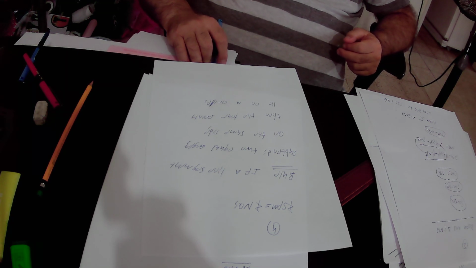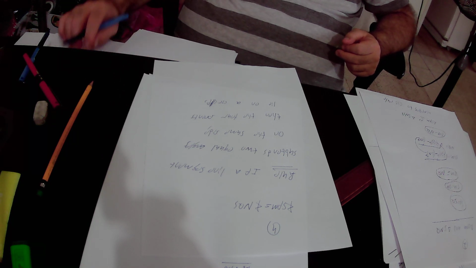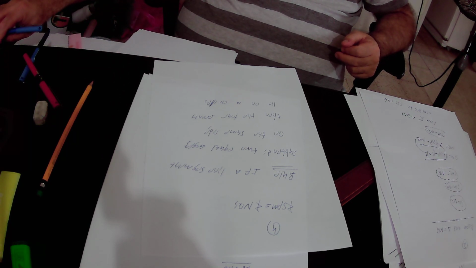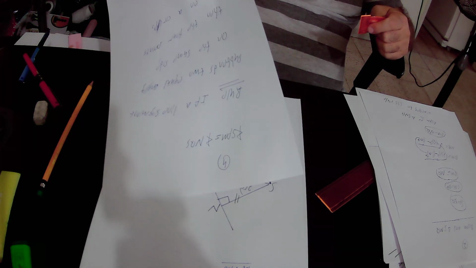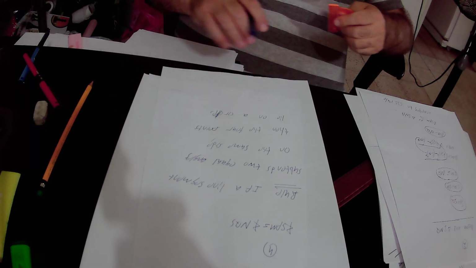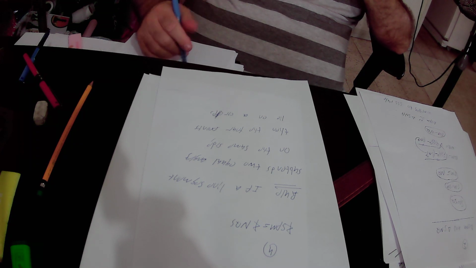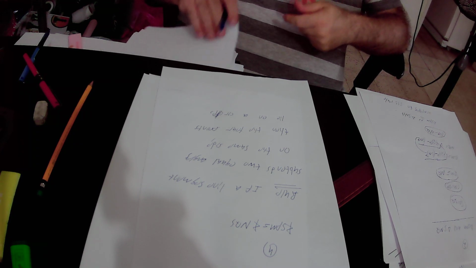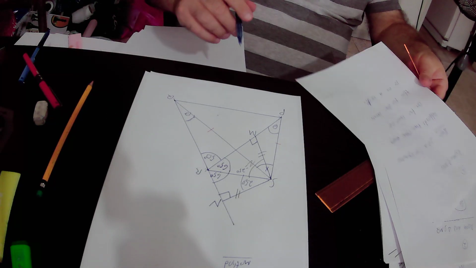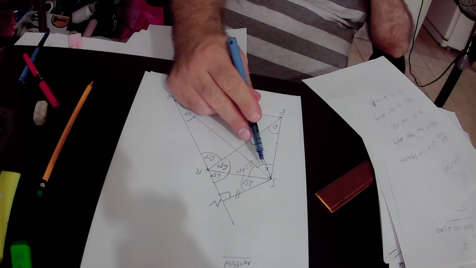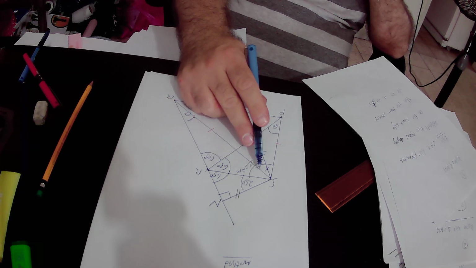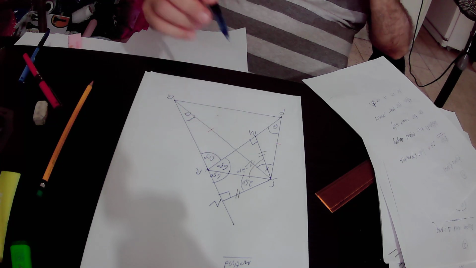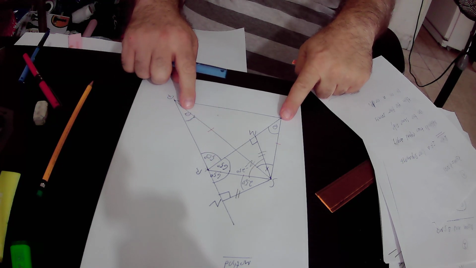So actually, here we have line segment SR. On line segment SR we have two equal angles.